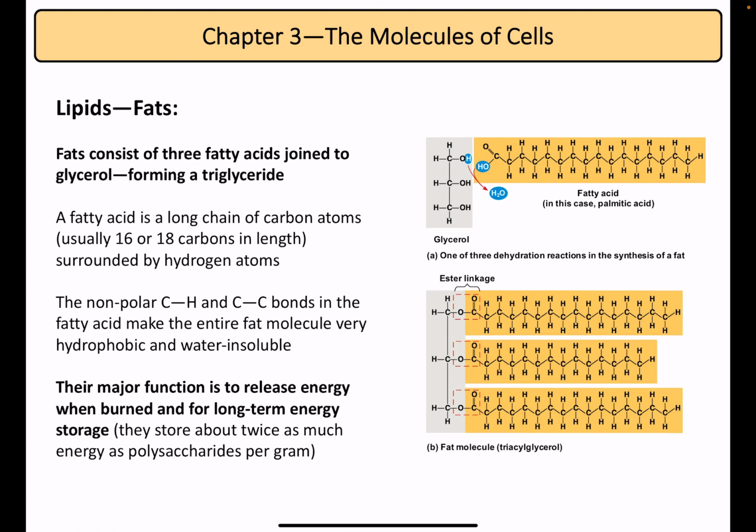We said it goes all the way down to 18 carbons long. If you just have one single double bond between any 2 carbons, this fat is automatically an unsaturated fat, and it's automatically going to be a liquid, in other words, an oil at room temperature. Okay, so that is the key distinguishing feature.